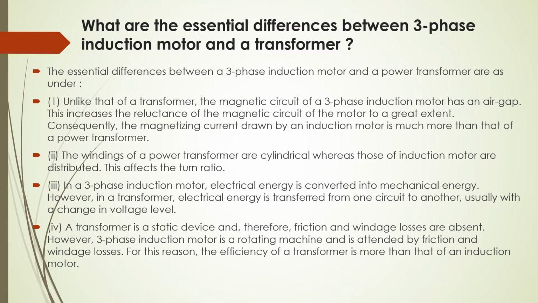A transformer is a static device and therefore friction and windage losses are absent. However, a three-phase induction motor is a rotating machine and is attended by friction and windage loss. For this reason, the efficiency of a transformer is more than that of an induction motor.